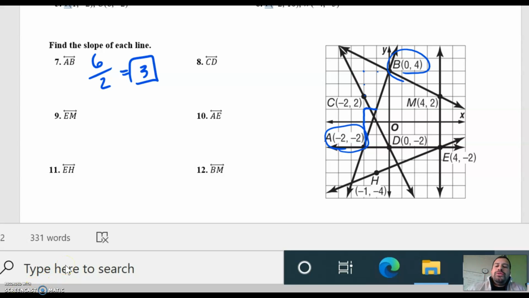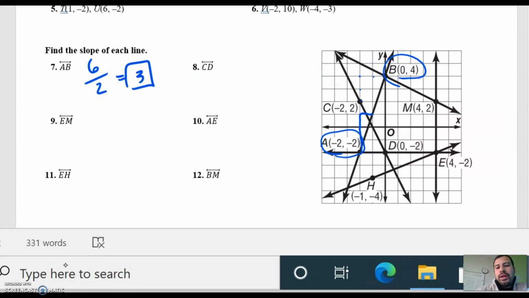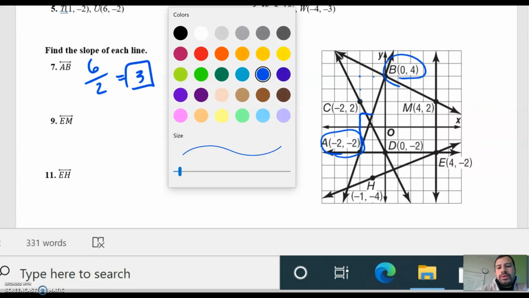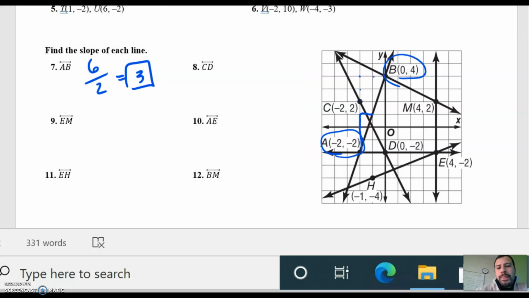All right, so now that you've tried all of them, let's look at the vertical and horizontal lines just to make sure that we understand what those mean. So if we look at line AD, which is the same thing as line AE, so number 10, if we're looking here at number 10, that's this flat line.